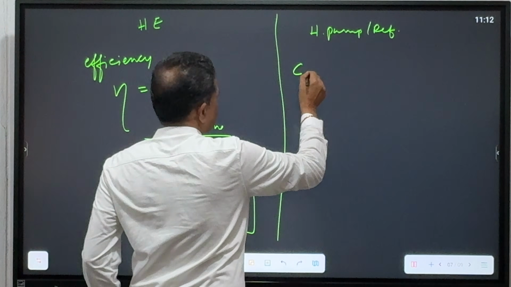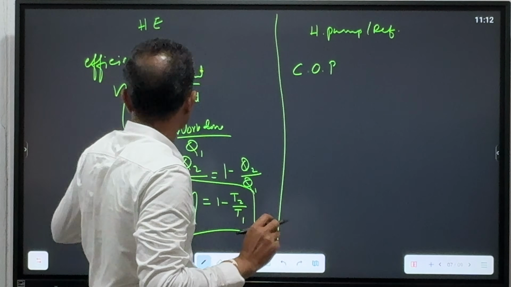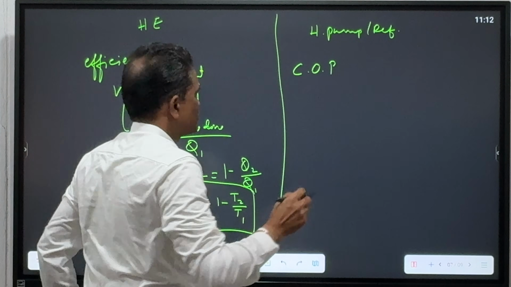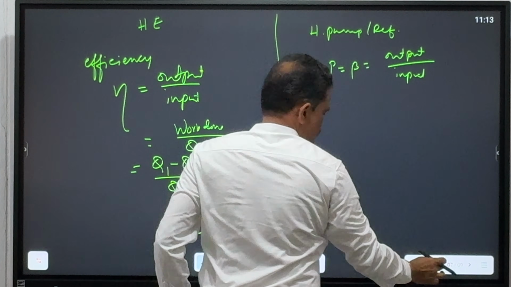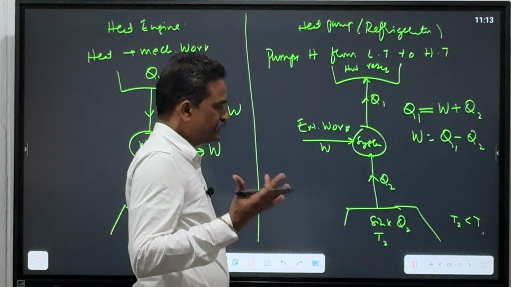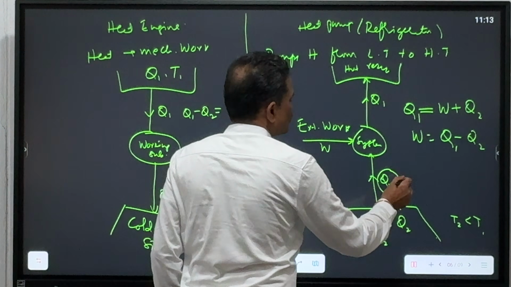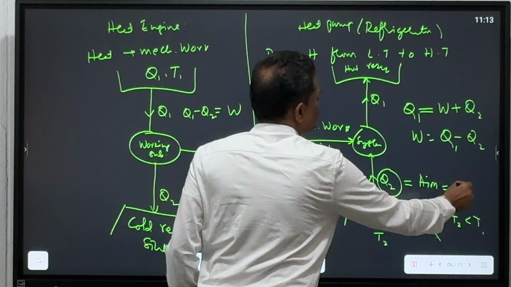For a refrigerator it is called coefficient of performance instead of efficiency. It is indicated by beta. Whatever you take, the formula is the same: output by input. Now what is the output? My intention with the refrigerator is to draw heat. This is my final work, my aim, so this is my output.